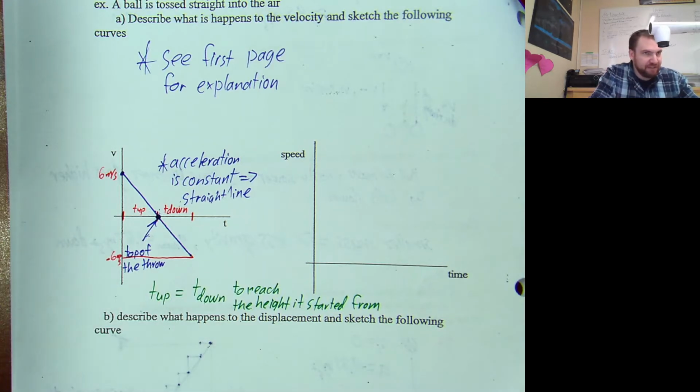The speed graph's a little weird. The difference between speed and velocity is what? Velocity is a vector. Speed is a scalar. Which means speed does not have a direction, which means speed is never negative.